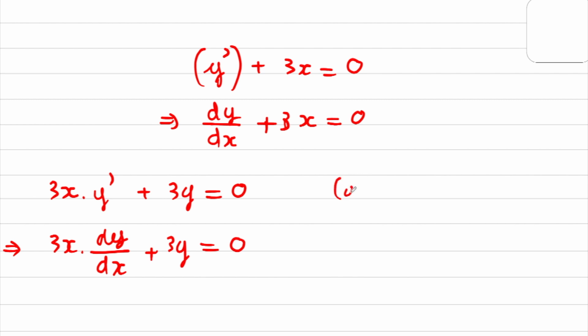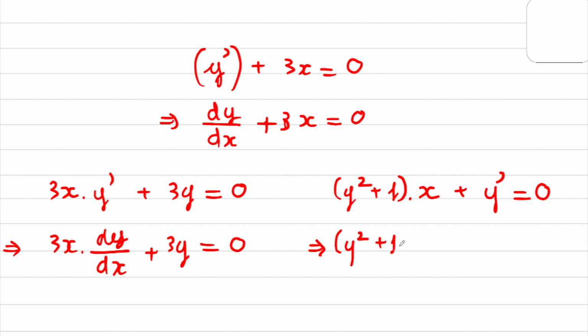You will have y squared plus 1 multiplied by x plus y prime equal to 0. So how should you rewrite this as our equation? y squared means only y, so I will repeat that. Plus 1 doesn't matter, multiply is okay.